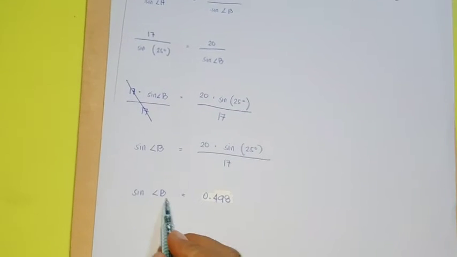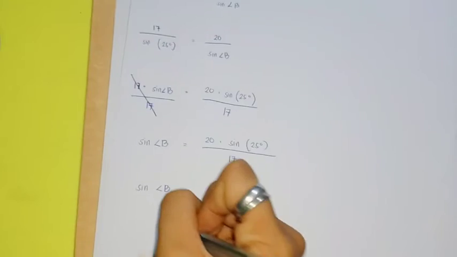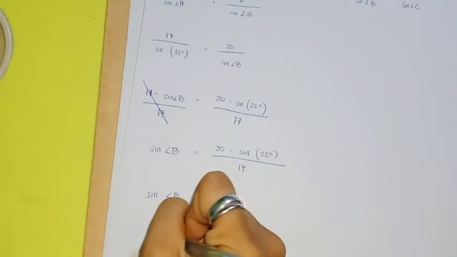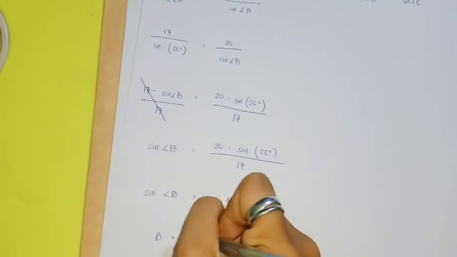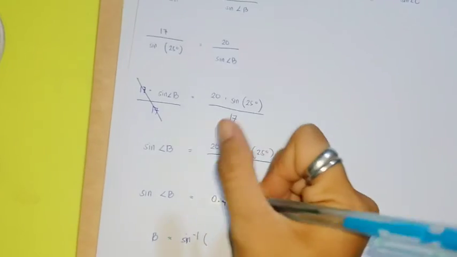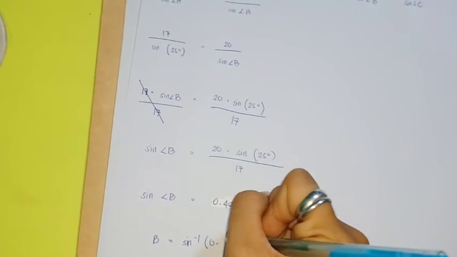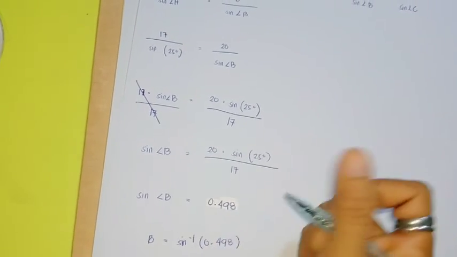And then, since we're going to find angle B, we'll change the formula into B is equal to sin raised to the power of -1 times this 0.498.